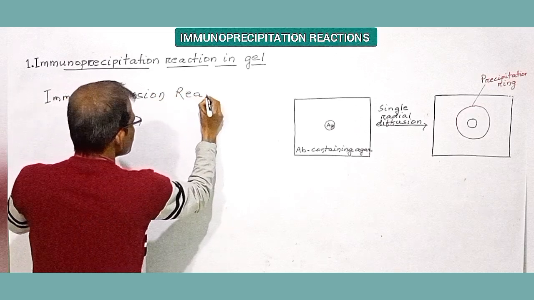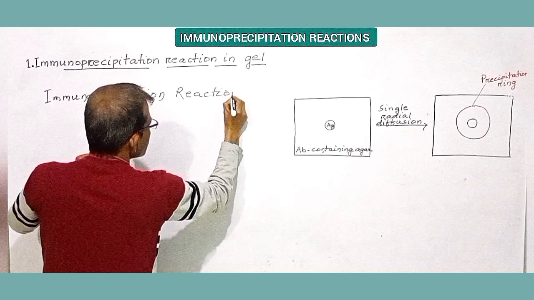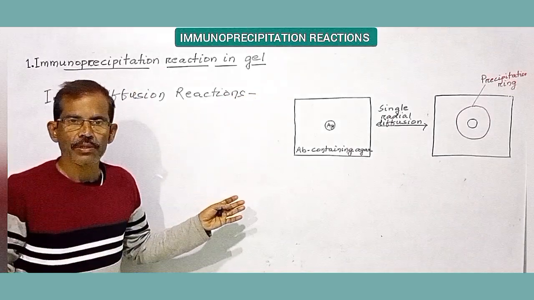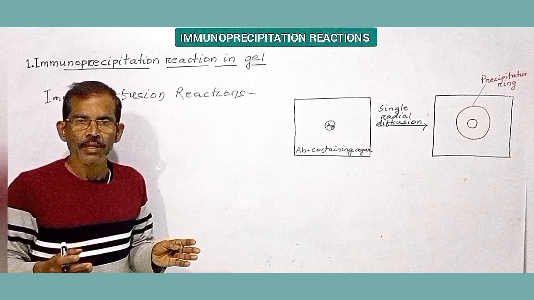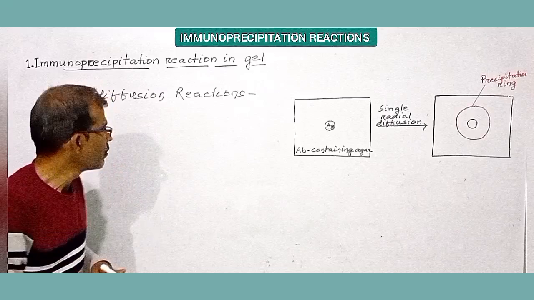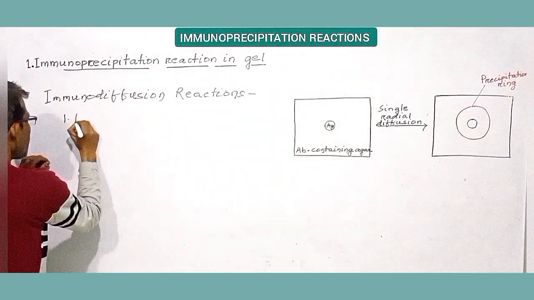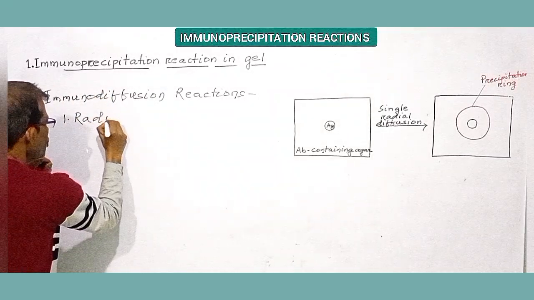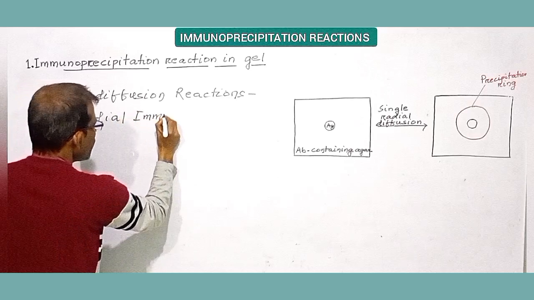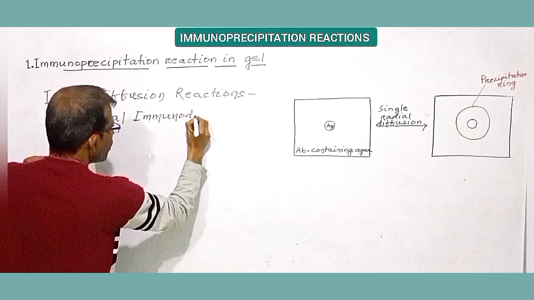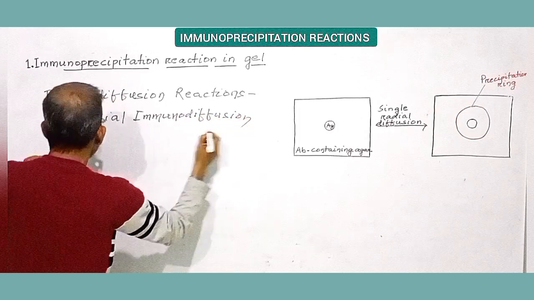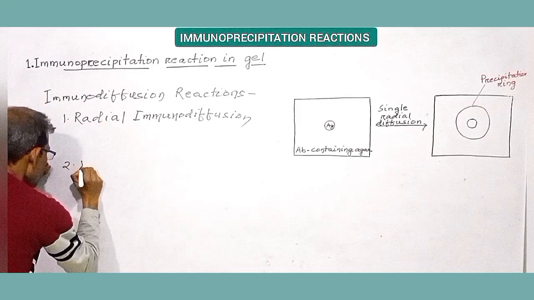There are two types of immunodiffusions that are performed to determine the relative concentration of antigen, antibody, as well as the identity of antigen. These two techniques are radial immunodiffusion and double immunodiffusion.